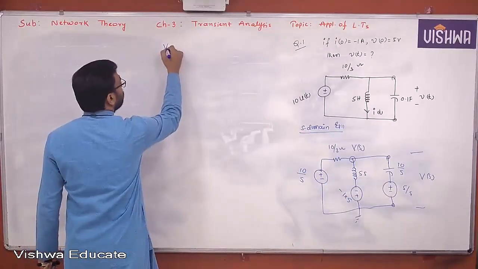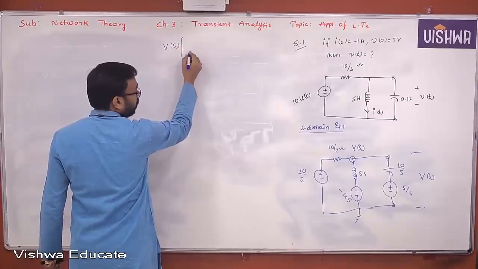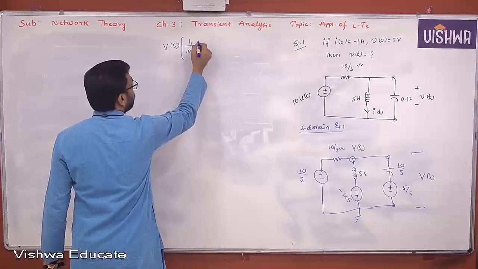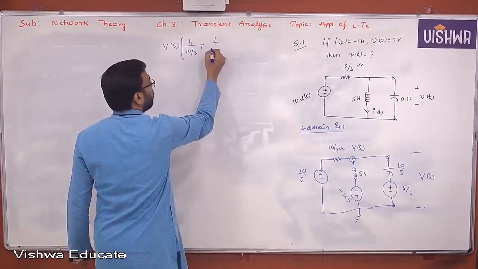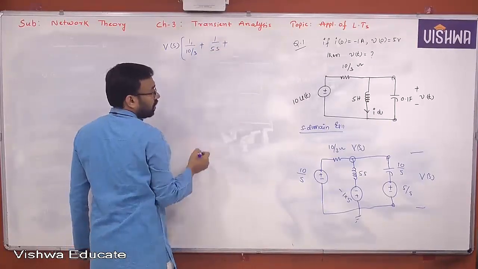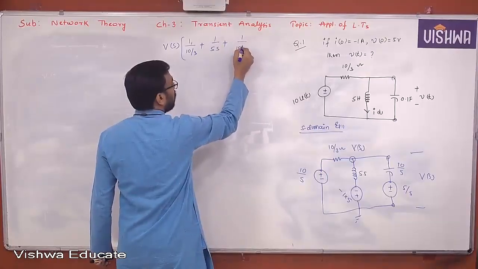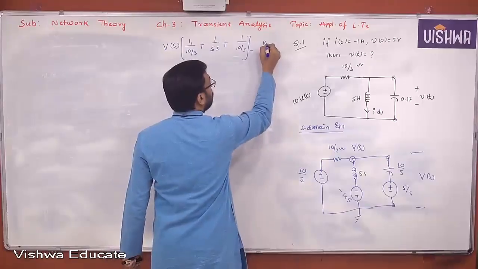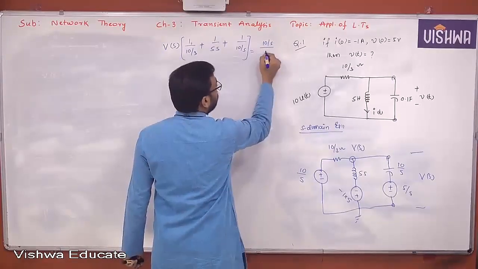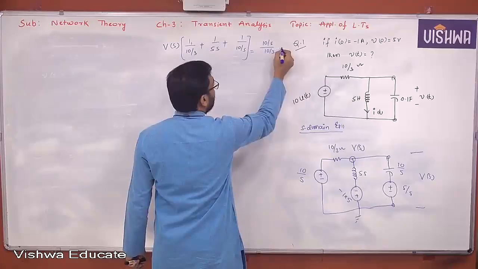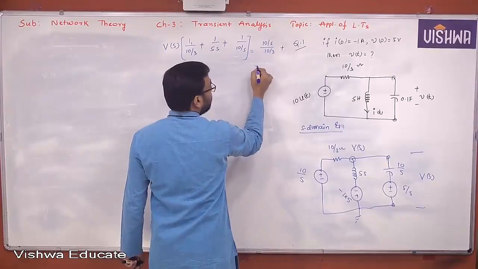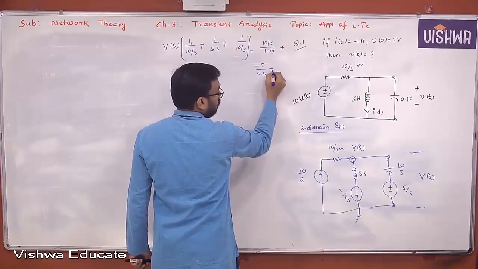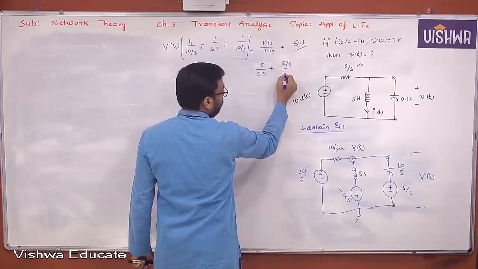Now V of S, by inspection: 1 by 10 by 3 plus 1 by 5S plus 1 by 10 by S is equal to 10 by S by 10 by 3 plus minus 5 by 5S plus 5 by S by 10 by S.